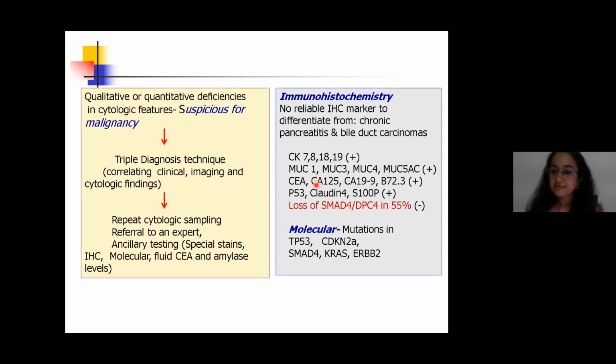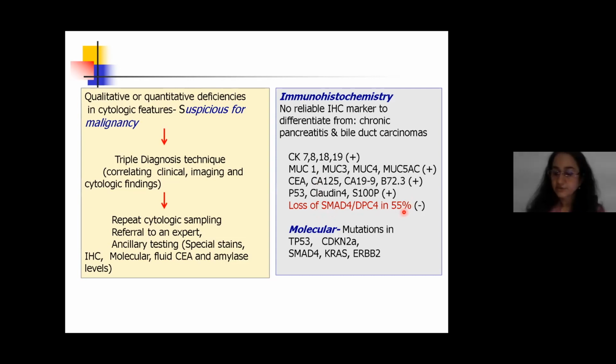CEA, CA19-9 and B72.3, Claudin, P53. And loss of SMAD4 is considered to be very good in diagnosing pancreatic adenocarcinoma, and especially in differentiating from chronic pancreatitis because it is retained in chronic pancreatitis. However, this is seen only in about 55% cases of the adenocarcinomas.